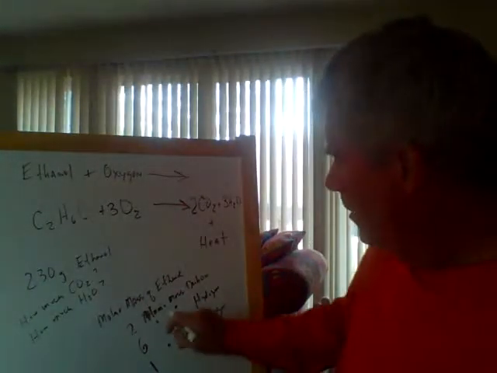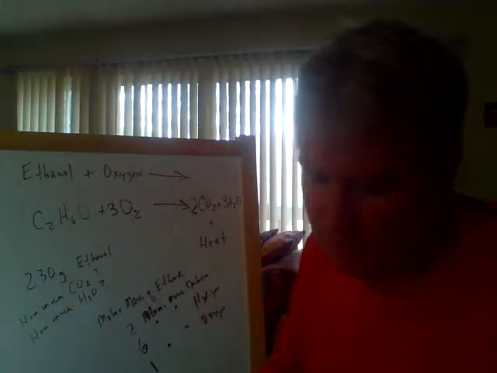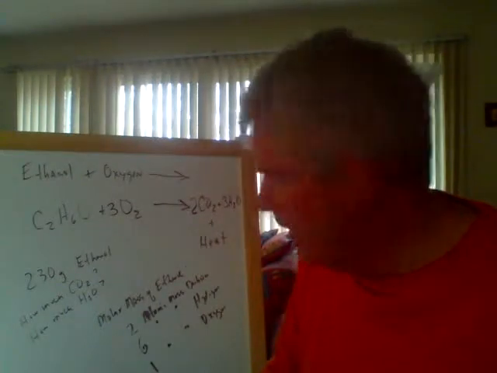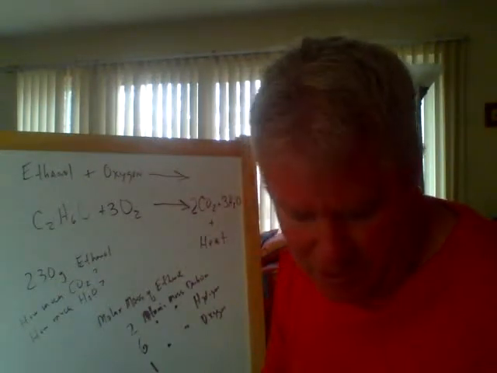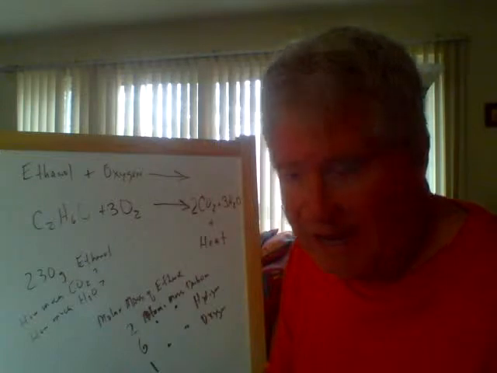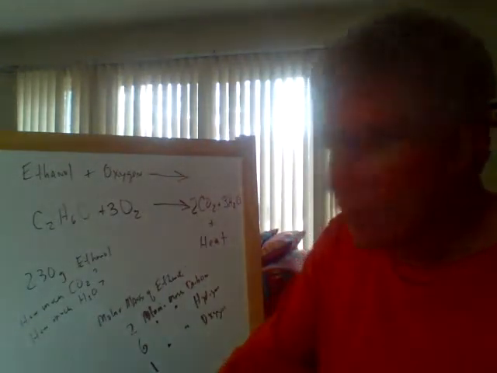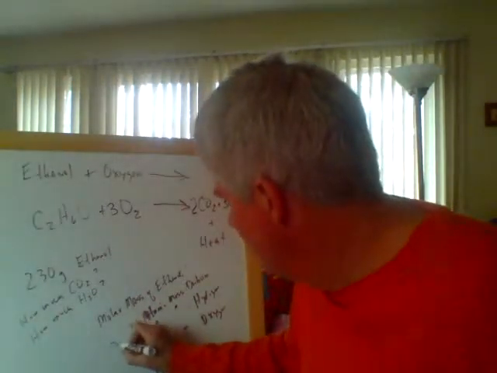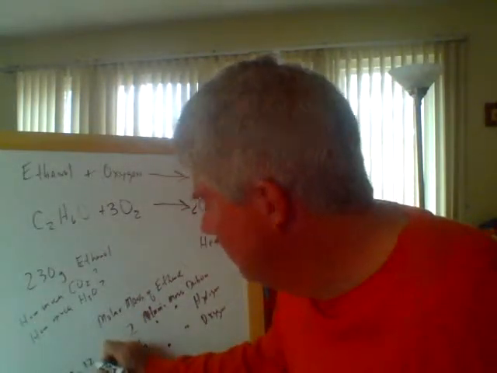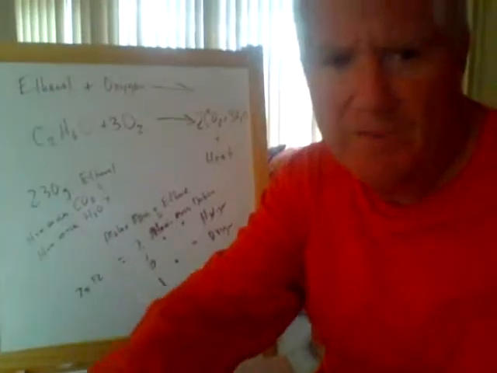Okay. Well, again, looking up carbon is 12.01 in your periodic table. Looking up hydrogen, it's 1.008. Looking up oxygen, it's 16.00. So basically, this becomes 2 times 12. Can you still see that? Yeah.